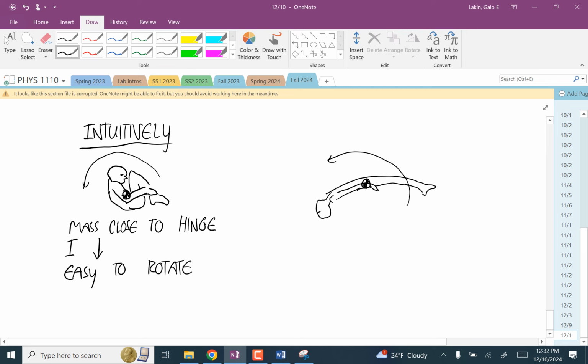On the other hand, in this one, the mass is stretched out as far from the hinge as possible, as far from the center of mass as possible. So here the mass is far from the hinge. That means this has a high moment of inertia, and that means this is hard to rotate.